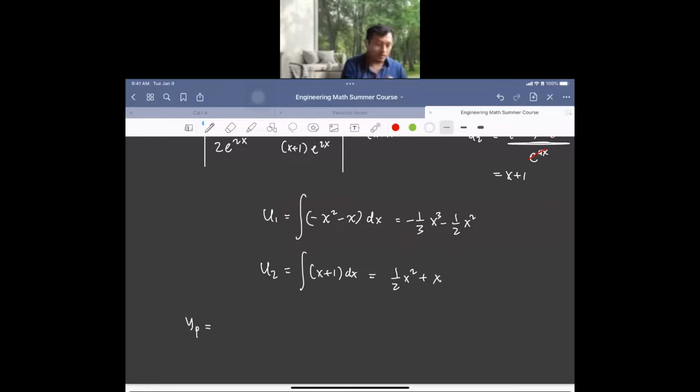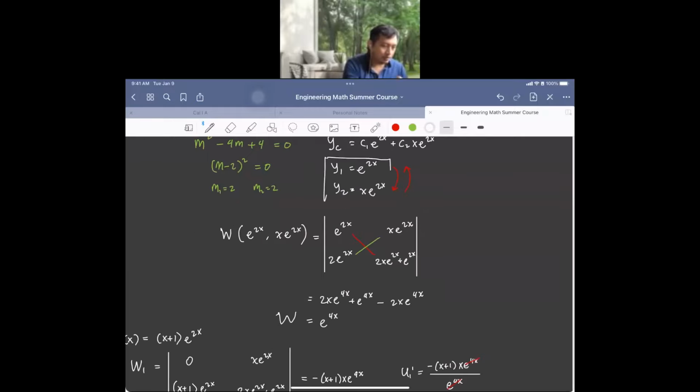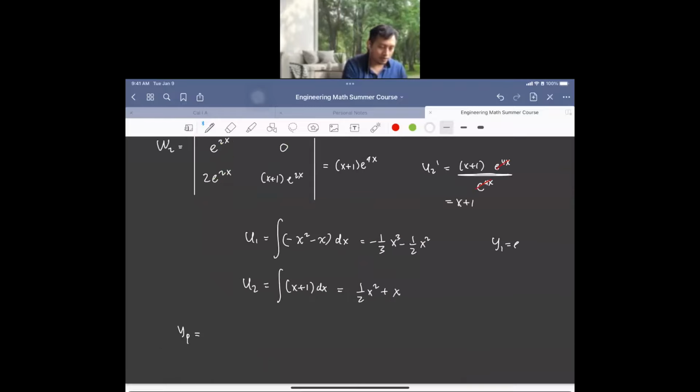Remember, we need to be consistent. Okay. Which one is u1, which one is u2? It corresponds to our proposal here. So y1 is e to x, y2 is x e to x.